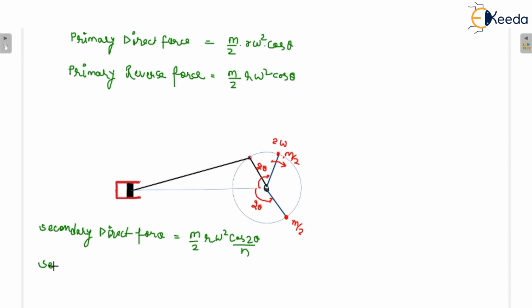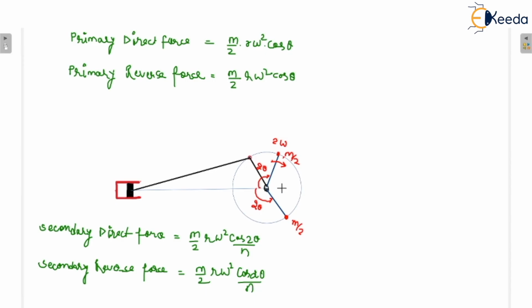Similarly, secondary reverse force would be equal to what? Reverse force is also equal to m by 2 r omega square cos of 2 theta by n. I hope you are getting my point.